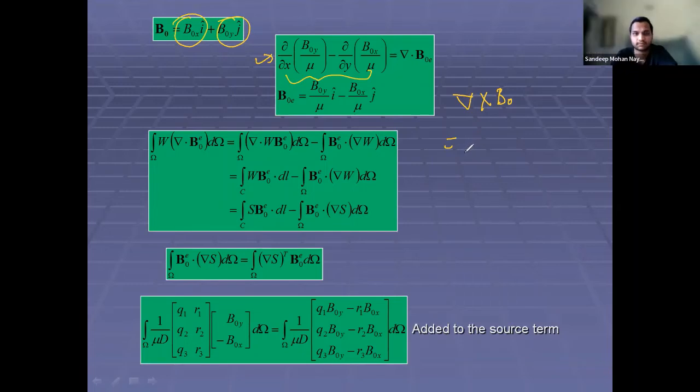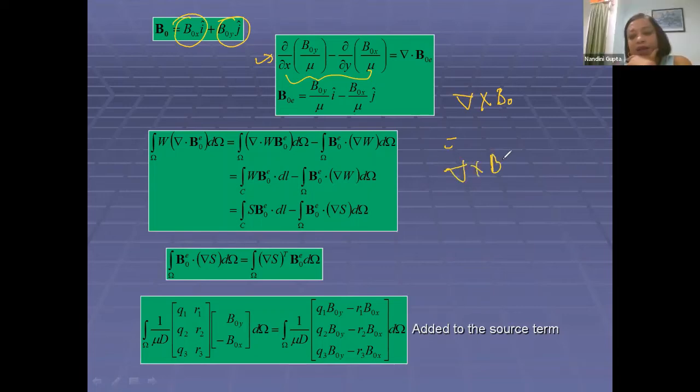And this scalar quantity, yeah, curl of a two-dimensional B. It's only magnitude that we are concerned with.